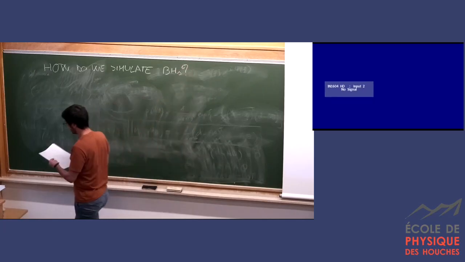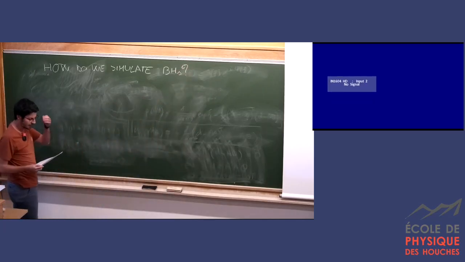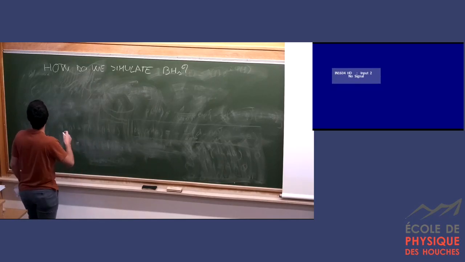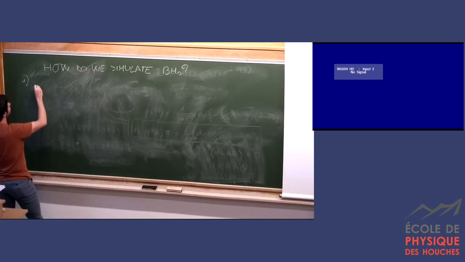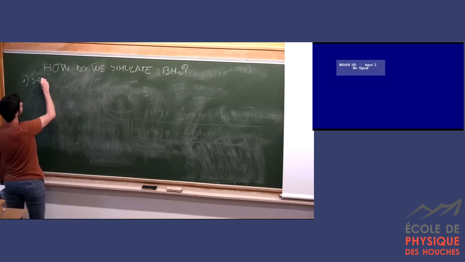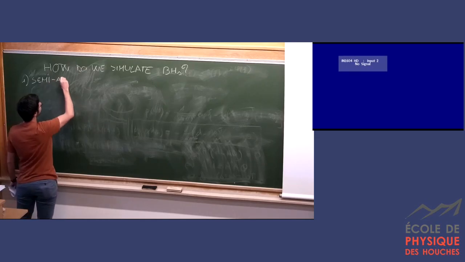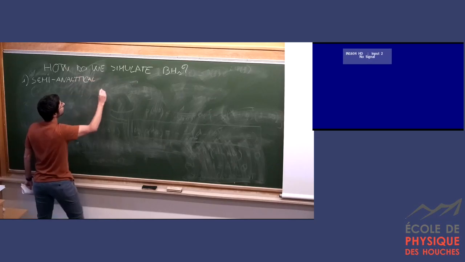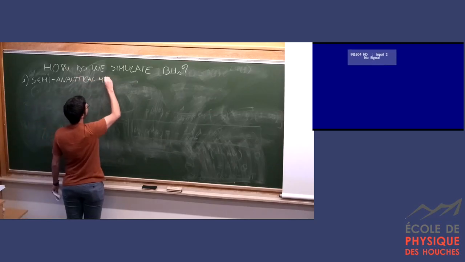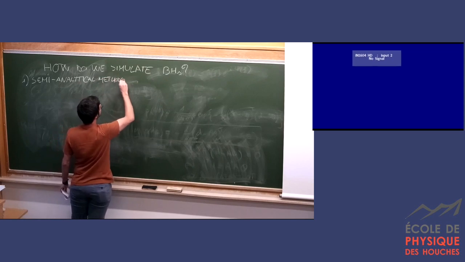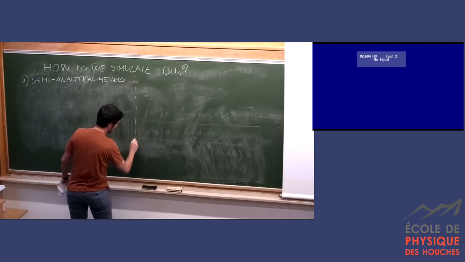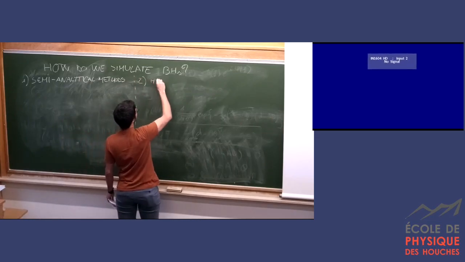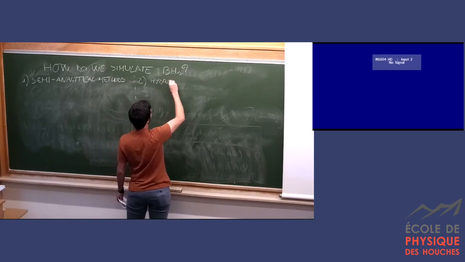So how do we simulate black holes? There are mostly two main approaches in the literature that you can find. The first one is what is called semi-analytical methods. And the second one is what is called hydrodynamical simulation.